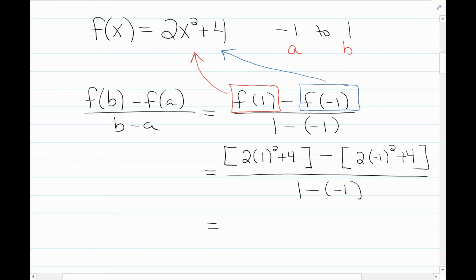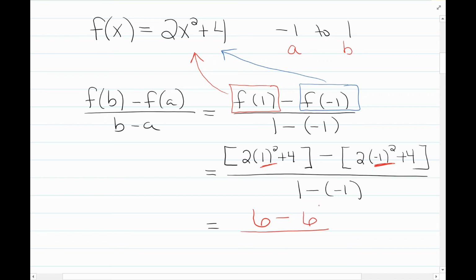So in the bracket, I have 1 squared, which is 1, and 1 times 2 is 2, and 2 plus 4, that's going to be 6. Okay, minus, over here, I got negative 1 squared, which is 1. 1 times 2 is 2, and 2 plus 4 is 6 again.